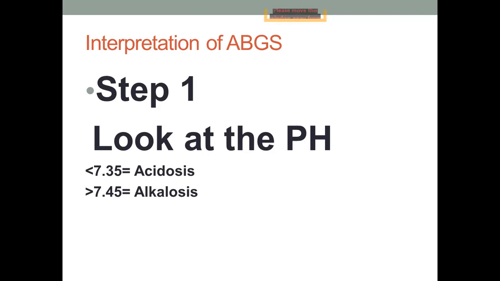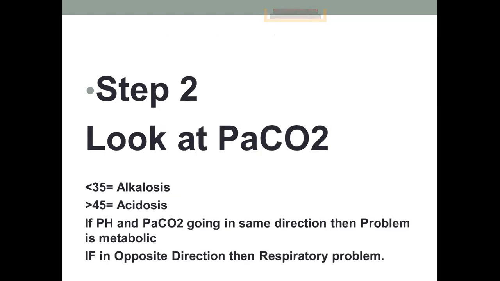If the pH is more than 7.45, it is alkalosis. And if the pH is between 7.35 and 7.45, this is normal pH. So this is step one, to look at the pH.